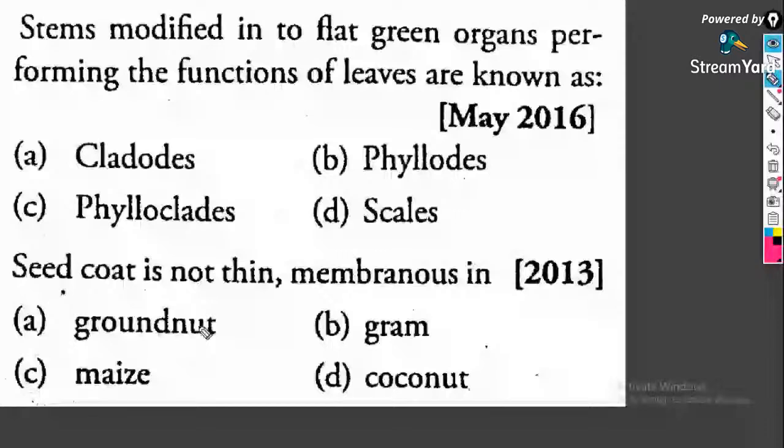Next question, guys. Seed coat is not thin and membranous in which one of the following? This question comes from the last part of the chapter, morphology, where you will be discussing the post-fertilization things, that is the fruit, seeds, etc. Seed coat is not thin and membranous in... Guys, the correct answer is option D, coconut.